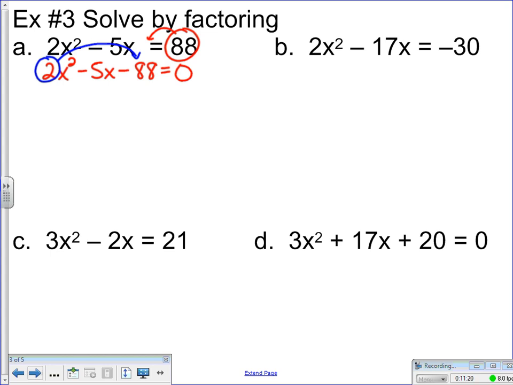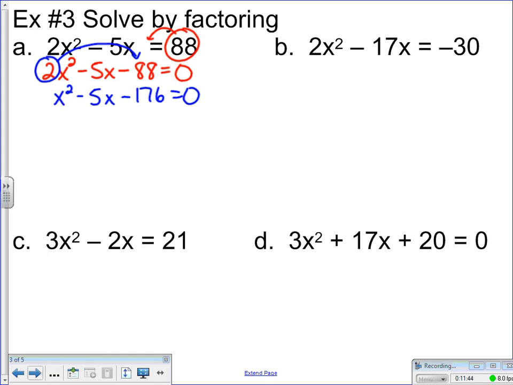So 2 times 88. That's going to change this to x squared minus 5x minus 176. Now you need to figure out which two numbers multiply to be negative 176 and add up to negative 5.